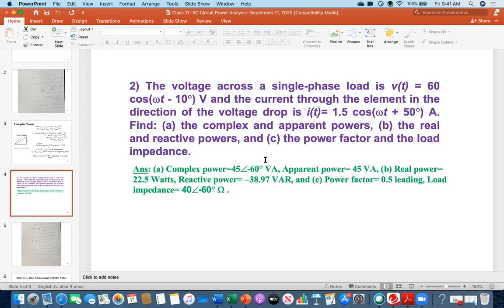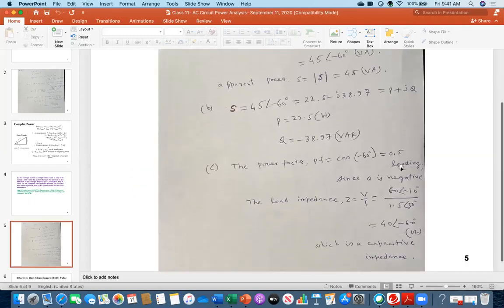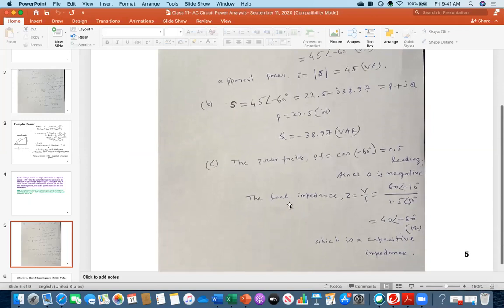The other questions were power factor and the load impedance. There are two more questions. To calculate the load impedance, before coming to the power factor, everybody see load impedance Z is V over I, definitely. What was my V?